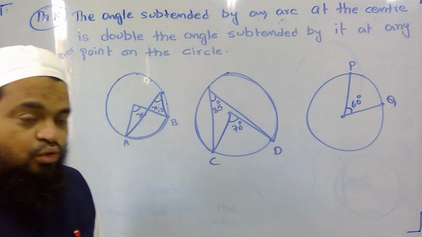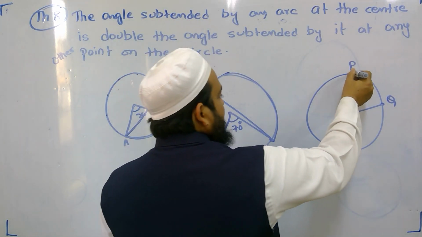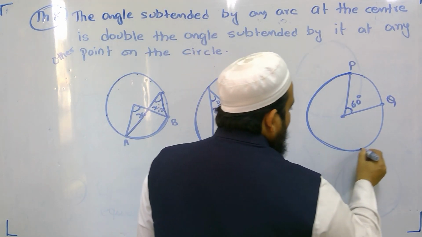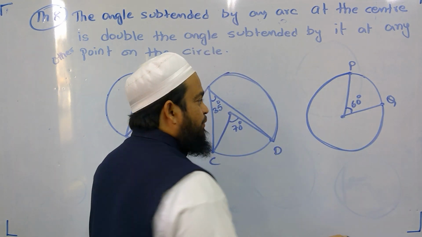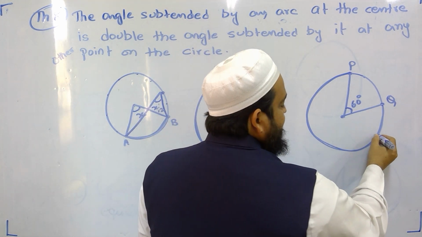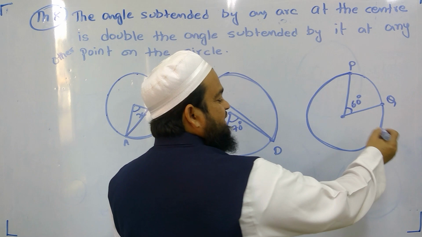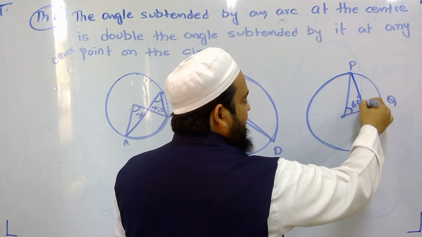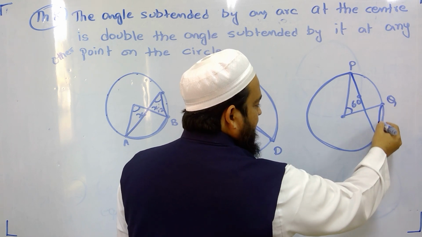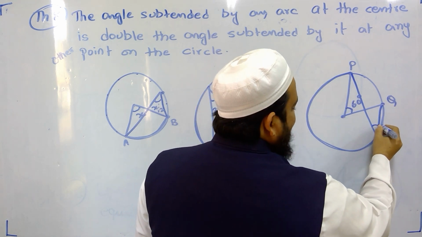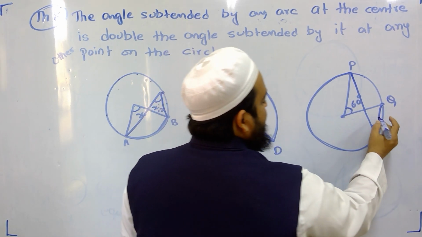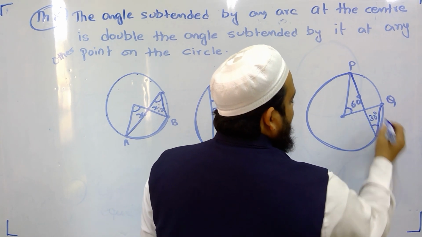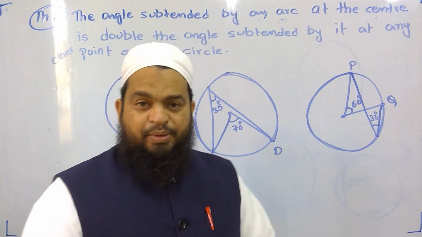Now in the remaining part of the circle, you take any point. Let me take here. What is the angle subtended at this point by arc PQ? Let me join this point to P and Q. So this angle will be half of this, that means 30 degrees. I hope it is clear.